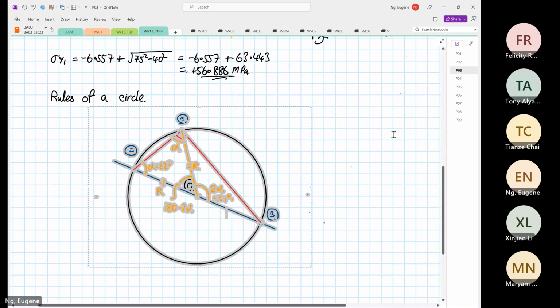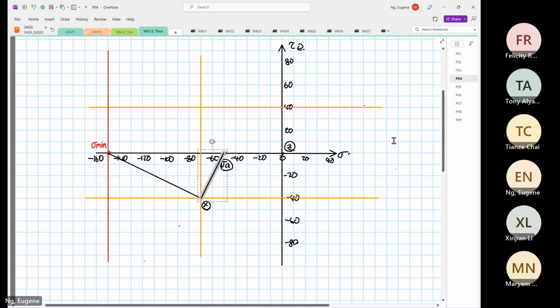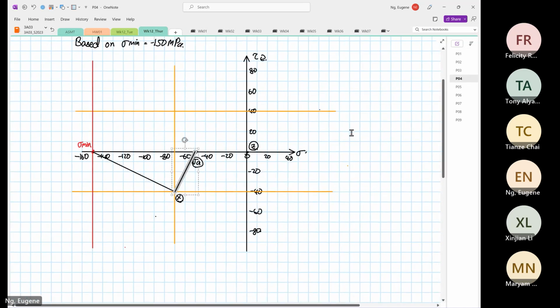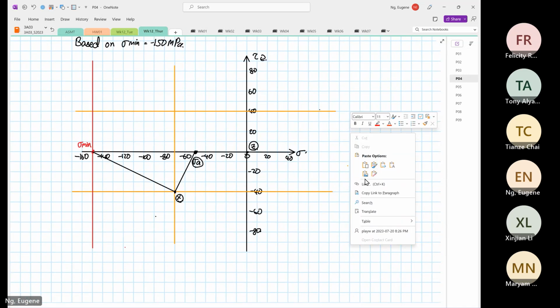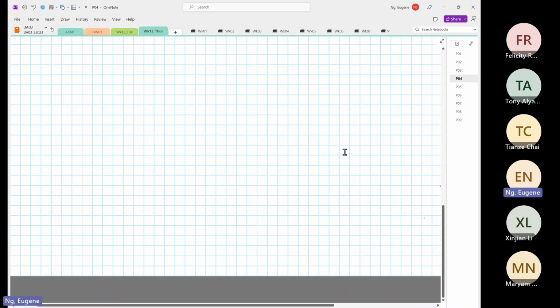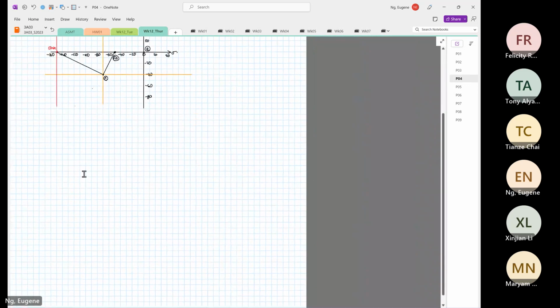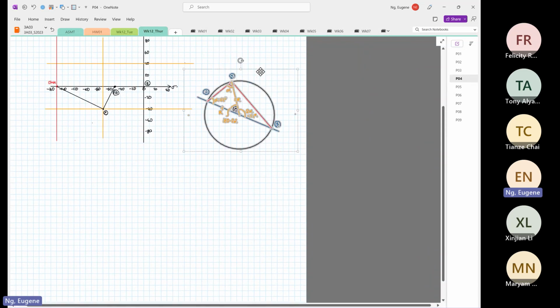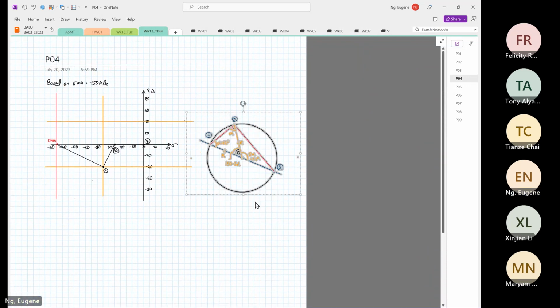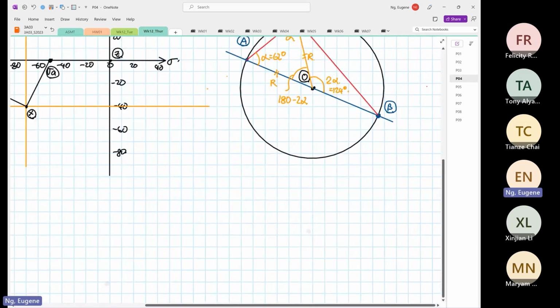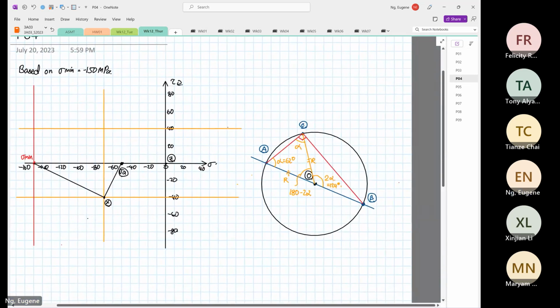So I'm going to... we just learned the rules of the circle. So we have stress mean.